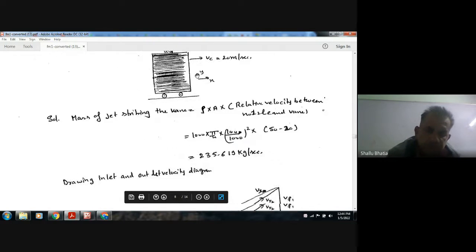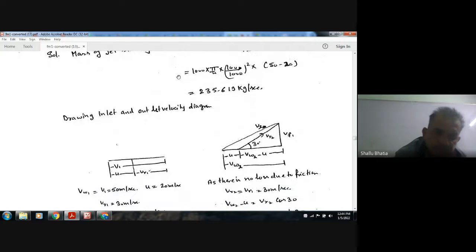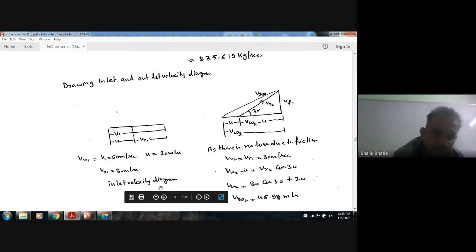Now, the jet is being deflected by 30 degrees. So, drawing the inlet and outlet velocity diagram. Initially the velocity is V1, and this is the velocity of the cart, so this is the relative velocity VR1. V1 is 50, u is 20, and VR1 is 30 meters per second.